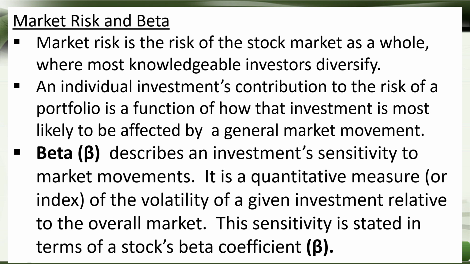It is an index of how volatile an investment is relative to the overall market. If the market is picking up high, is that particular investment also going in that direction, and at what rate?